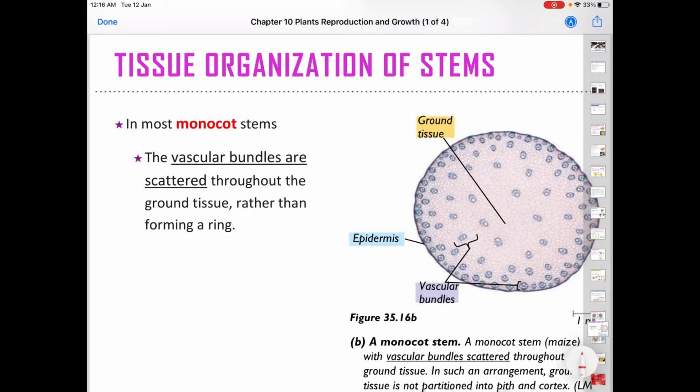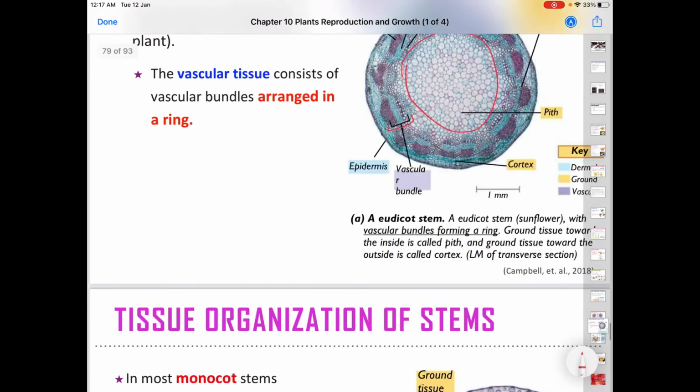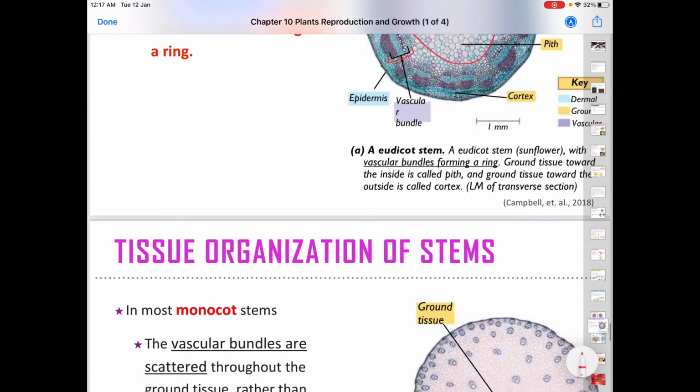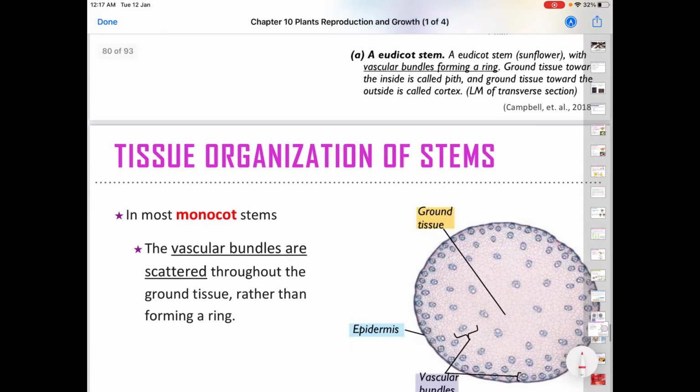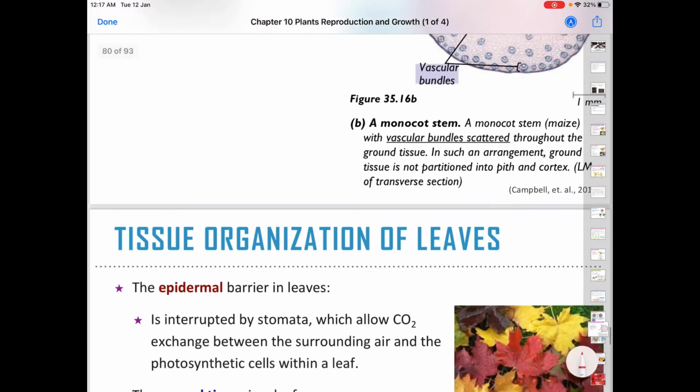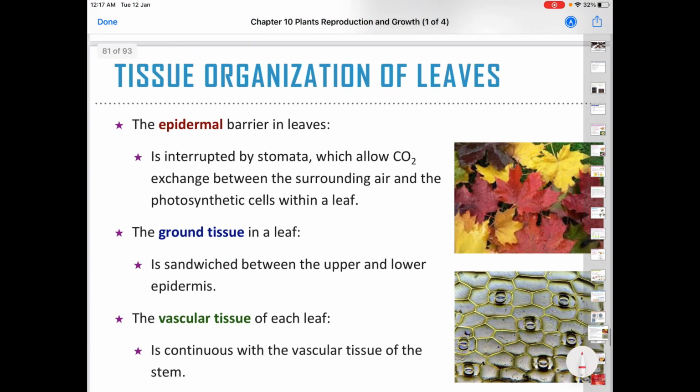Now we go into monocot stems. The vascular bundles are scattered, meaning they do not have a rigid form of arrangement. So the vascular bundles in monocots are scattered. Meanwhile, the vascular bundles in eudicots are arranged in a ring. So that is another character that can differ between monocots and dicots.